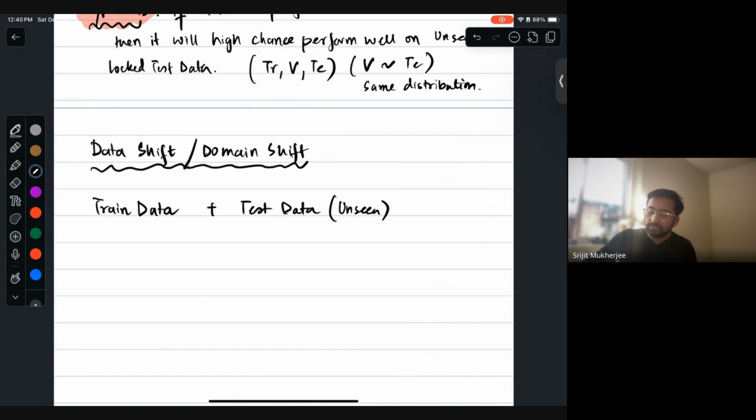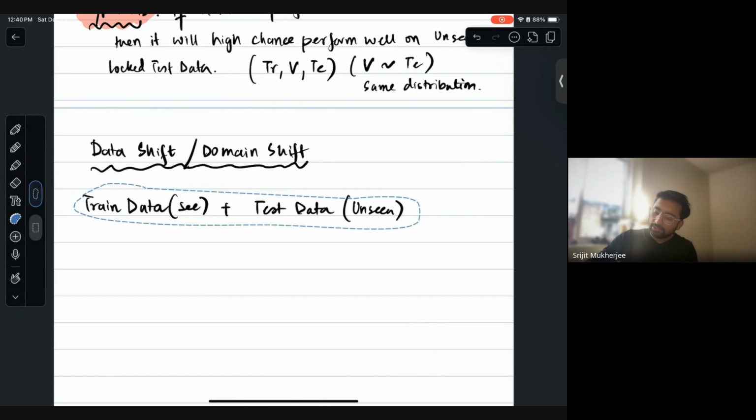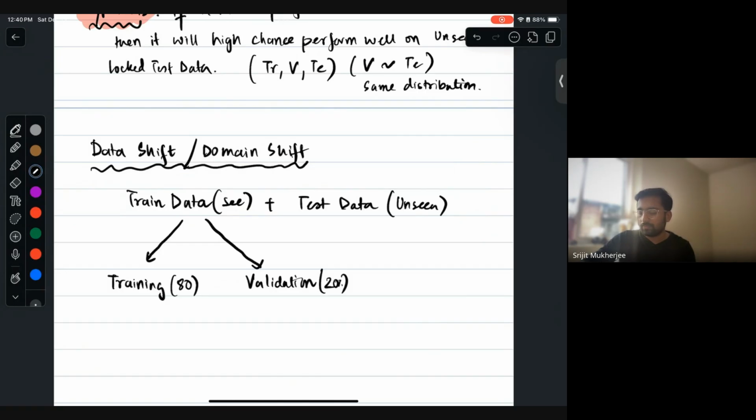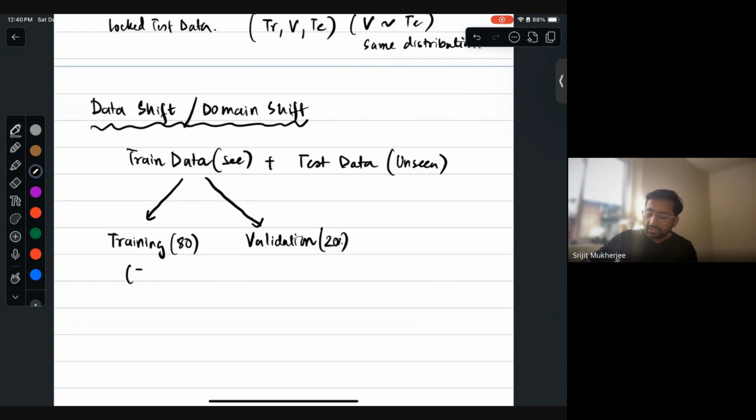And this is the only one you see. This data set is divided into two halves, training and validation. Let's say 80-20, just as an example. So let's call it TR, V, and TE.